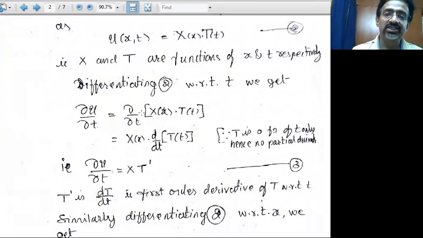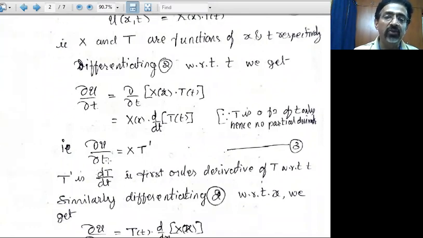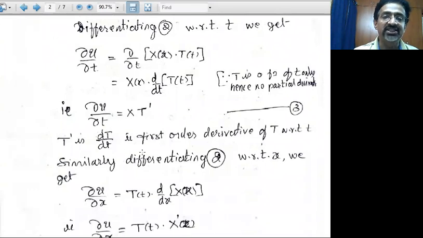Since capital T is a function of t only, it is a function of one variable. Therefore it becomes the ordinary derivative instead of the partial derivative, d by dt. So I get X into d by dt of T, that is nothing but T dash. So del u by del t is X times T dash.